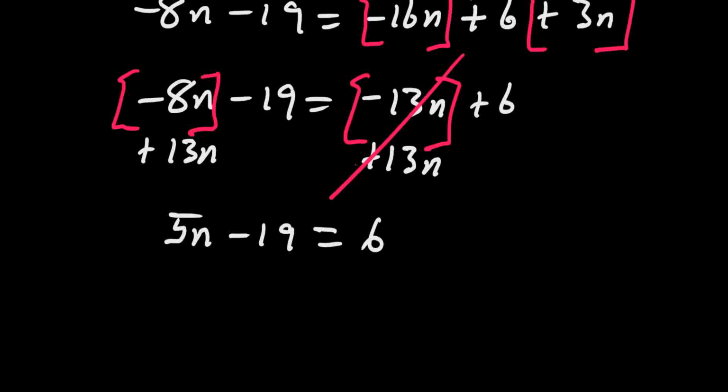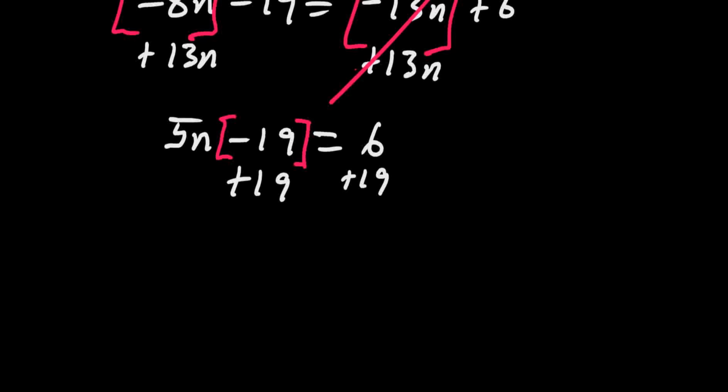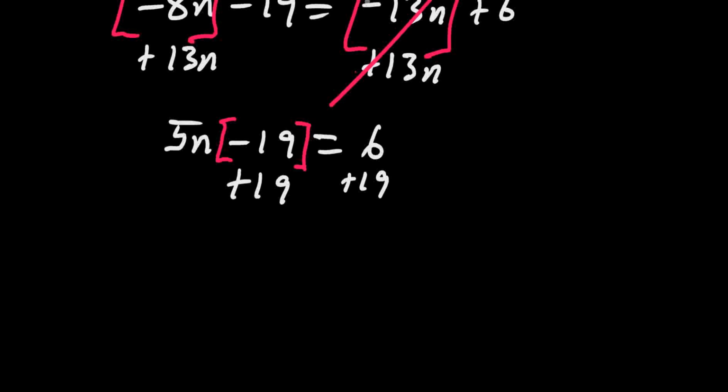Now we have to get rid of negative 19 from here, and we can do that by simply adding 19 to both sides. Negative 19 plus 19 is 0. Strike that from there. And we now have 5n equals 6 plus 19, which is 25.